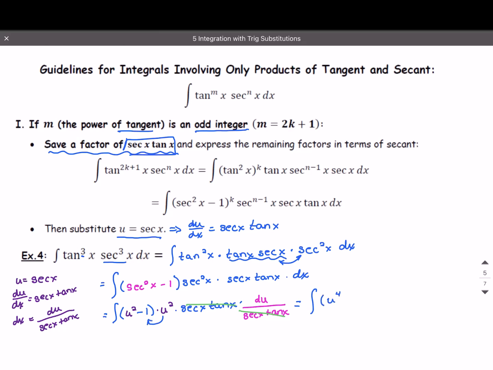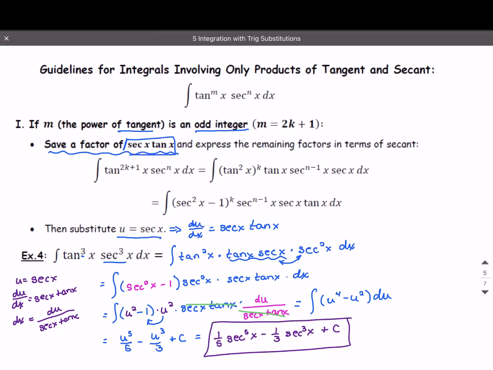So I have u to the 4th minus u squared, and the only thing left is our du. So our antiderivatives, now we add 1 to the exponent and divide by the new exponent. We're going to have u to the 5th over 5 minus u cubed over 3. Don't forget your plus a constant. Now we're going to go back to secants. So it's 1/5 secant to the 5th of x minus 1/3 secant cubed x plus our constant c. There we go.